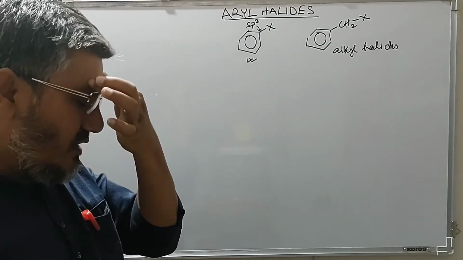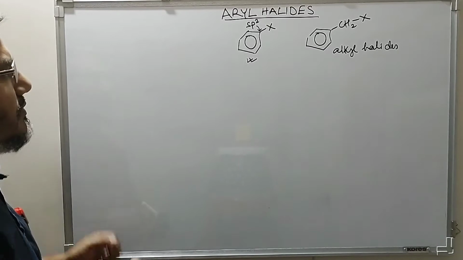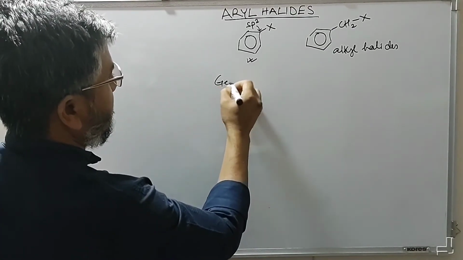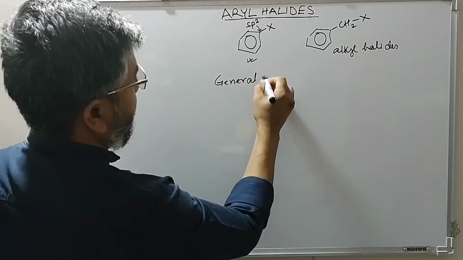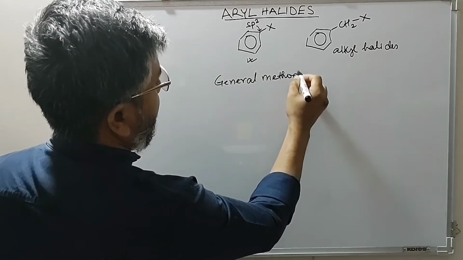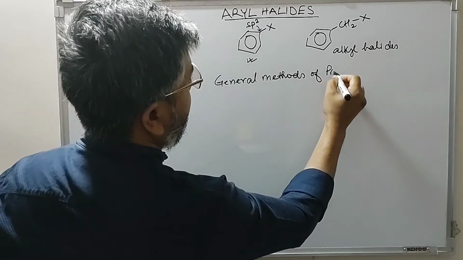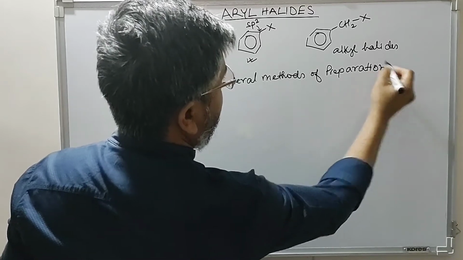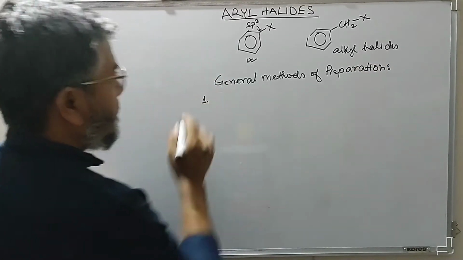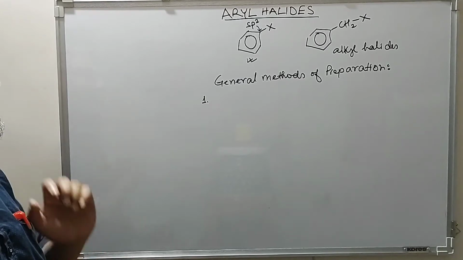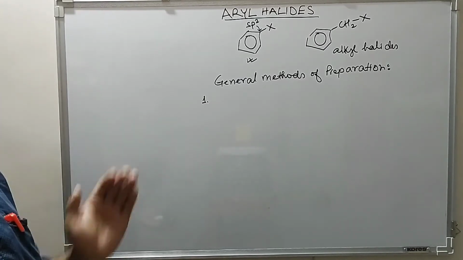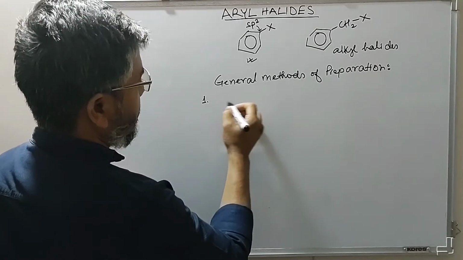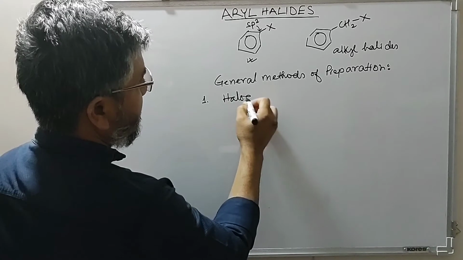Now coming to general methods of preparation of aryl halides. One of the most common methods of preparation of aryl halides is from benzene, that is, halogenation of benzene.